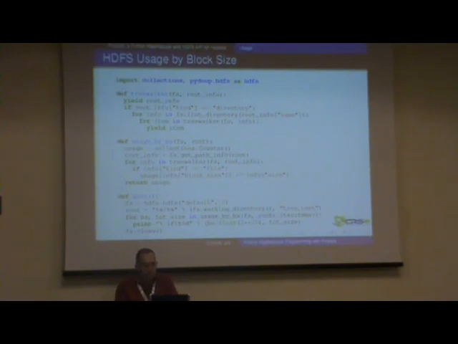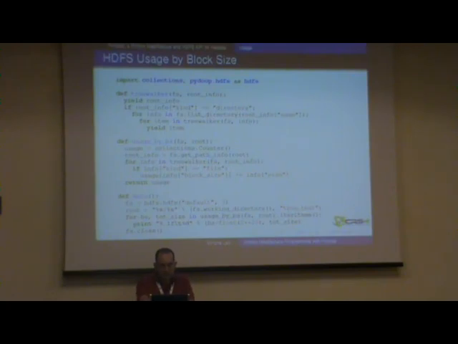But you can specify a different block size for each file you store into HDFS. So let's say you have a lot of files with different block sizes in your file system, and you want to get statistics of HDFS usage by block size. This is an example of something you cannot do with the built-in HDFS shell that ships with Hadoop, but you can do it in a few lines of code with the HDFS Pydoop module.